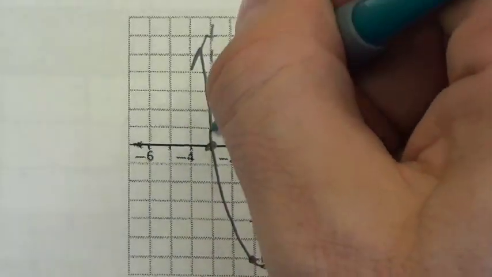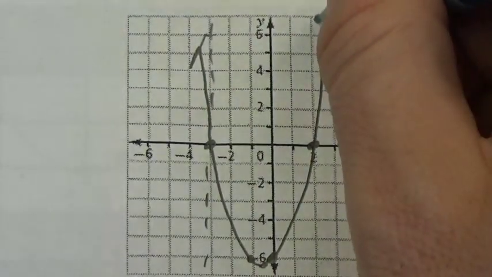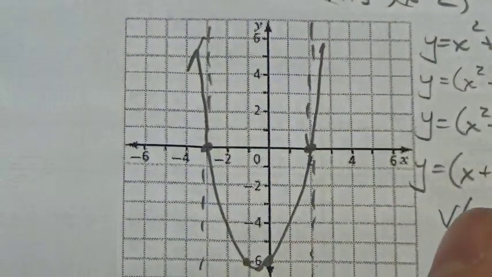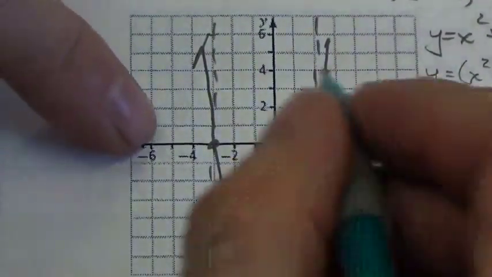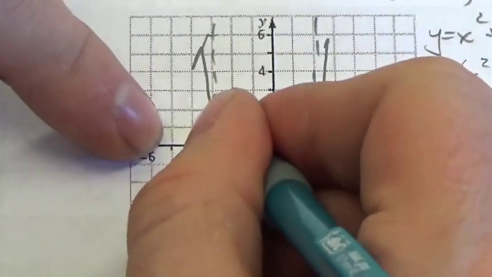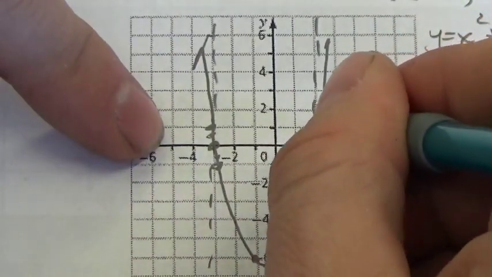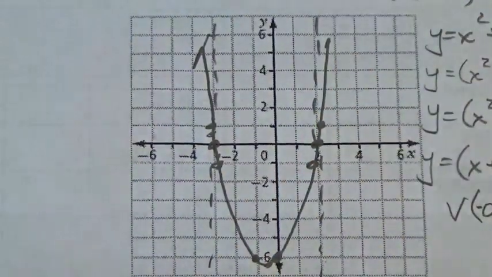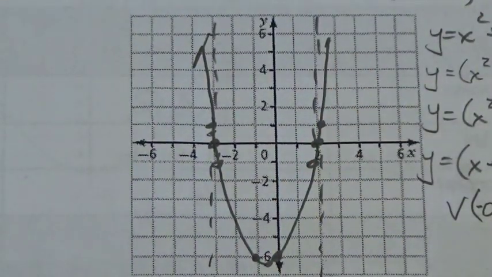Now, let's draw the reciprocal. It's going to go through the points where the graph goes through 1 and negative 1. That's a little tough there, they're quite close.